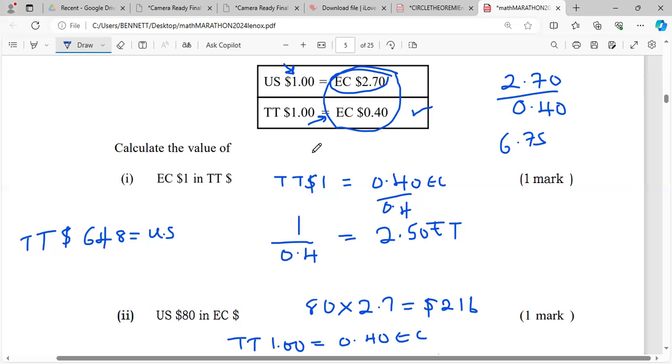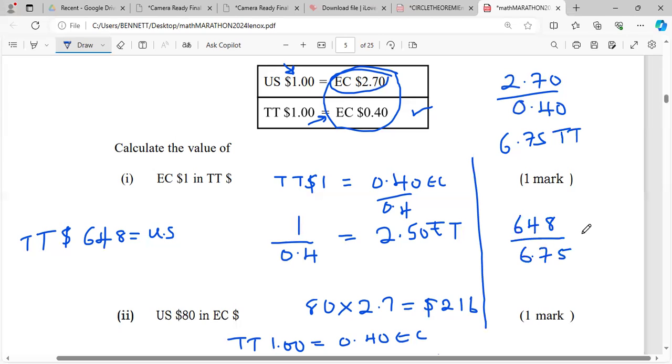So now we divide the Trinidad money. Somewhere $1 in a TT rather, I keep saying Eastern. So we just divide the 648 by $6.75 to convert it to US.